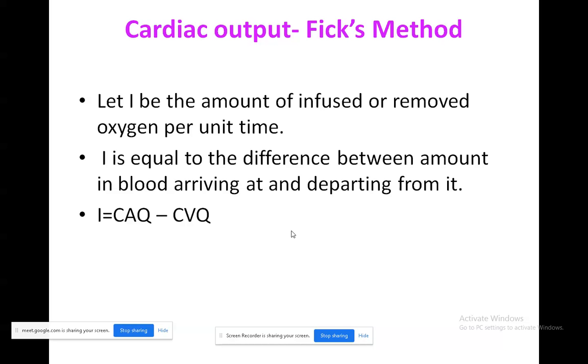So the I value indicates the difference between injecting oxygen into the blood and removing the oxygen from the blood. That difference gives the I value. So I is nothing but your cardiac output.